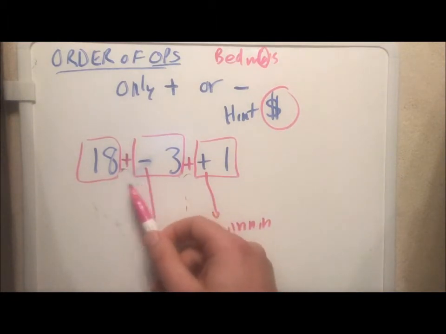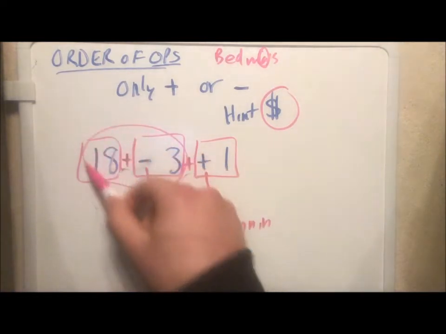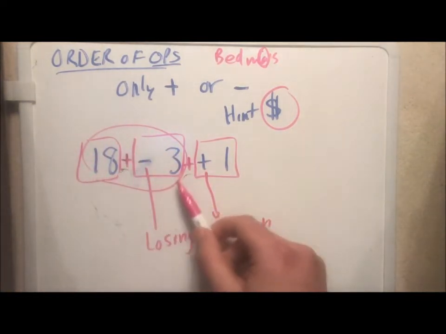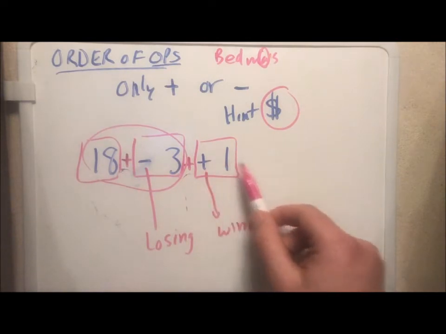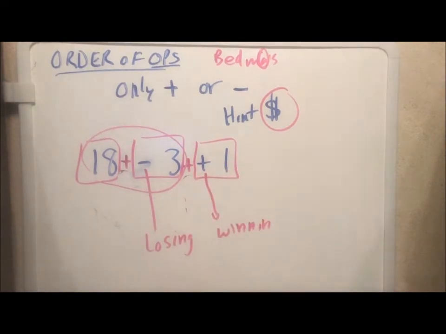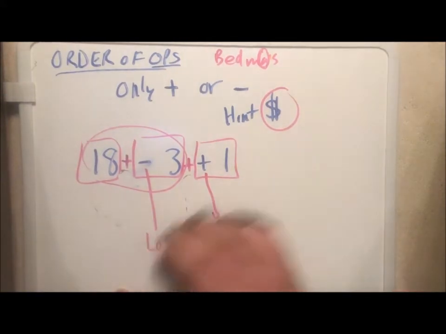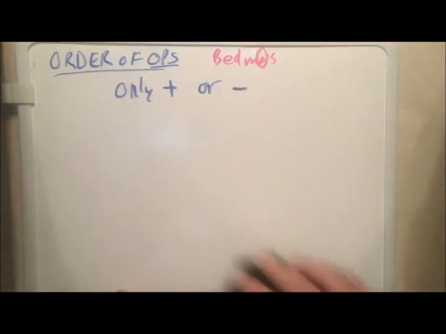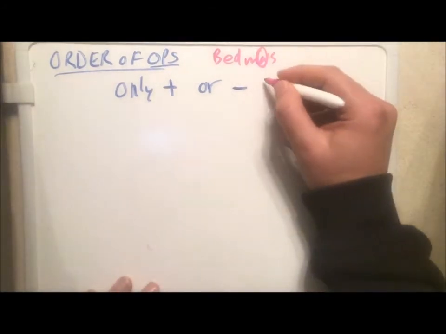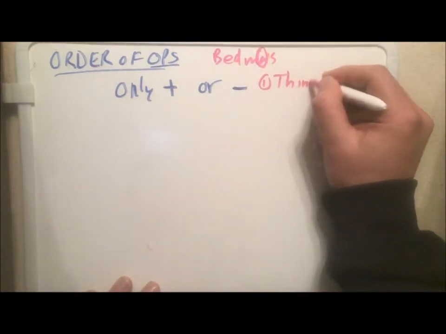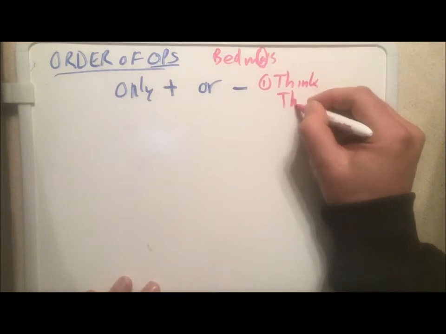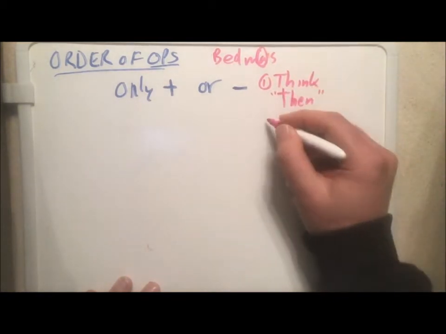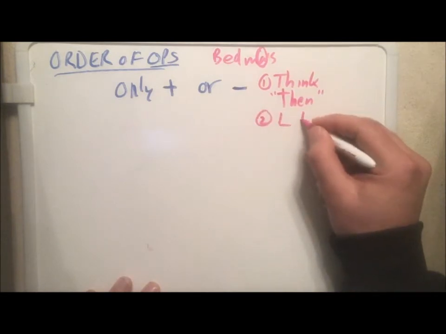So 18 minus 3 gives us 15, and then this plus 1 makes us 16. That's the only thing I wanted to get across right now. When you have only adding or subtracting, number one, think of the "then," add the "then" there like a little plus sign. And the other thing is just go left to right.